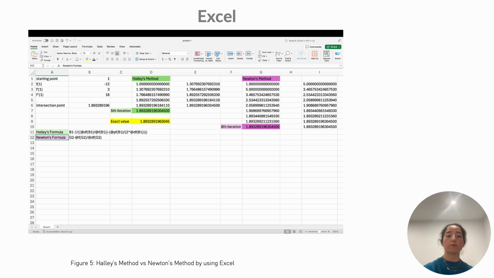I just put down the formulas if anyone wants to see them as well. So what I got after these implementations, as expected, because I tested this before in GeoGebra, is that Halley's method converged by the 5th iteration, while Newton's method reached convergence in the 8th iteration.